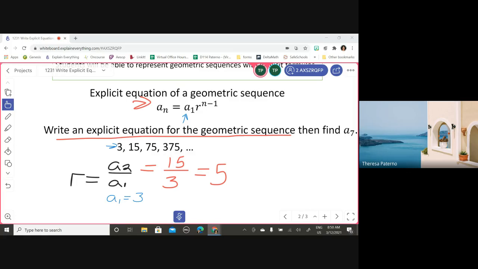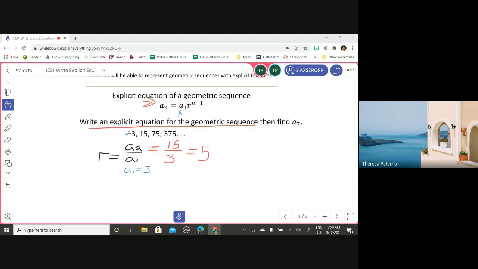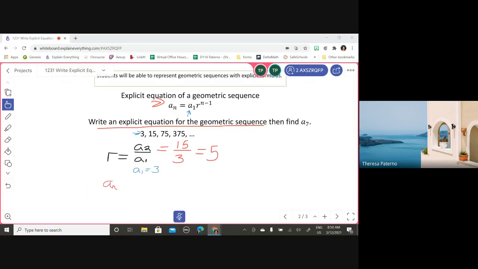So our explicit equation is a sub n equals a sub 1, which is 3, times the common ratio, which is 5, to the power of n minus 1. And that's the formula. The formula has a sub n and n in it, so that you can find any term by using that formula.